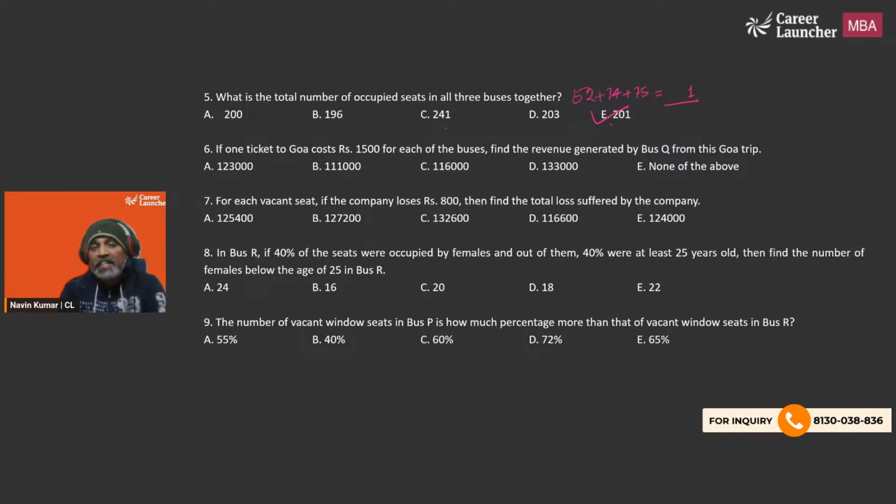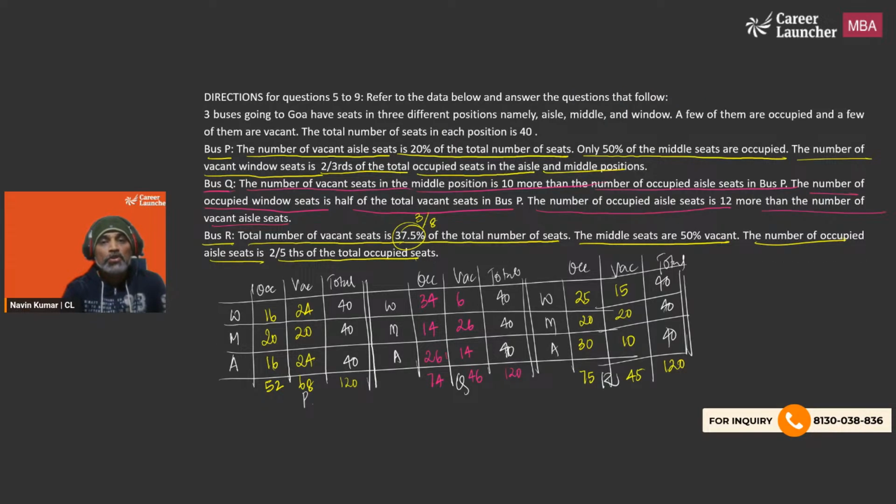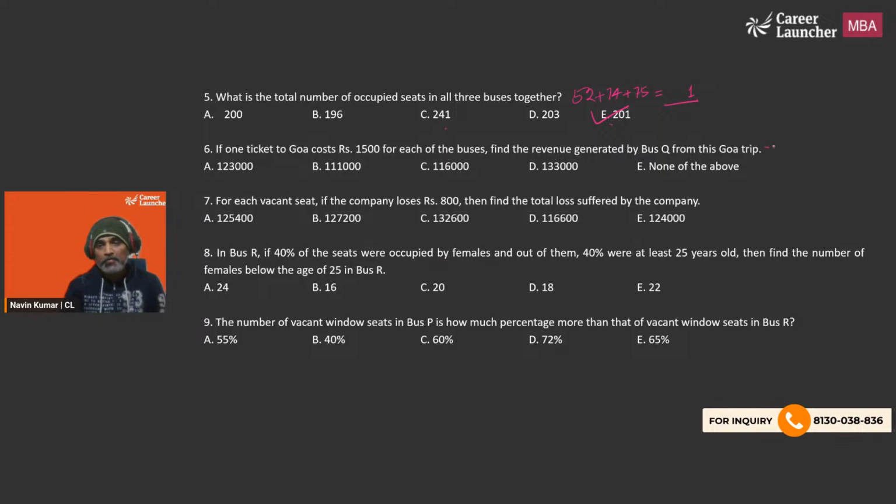Next, if one ticket to Goa costs rupees 1500 for each of the buses, then find the revenue generated by bus Q from this Goa trip. So if you look at bus Q, the occupied seats is 74. So we have to basically do 74 into 1500. Now, 74 into 1500 is like saying 74 plus half of 74. So 1 is done, 5 is going to be half of that.